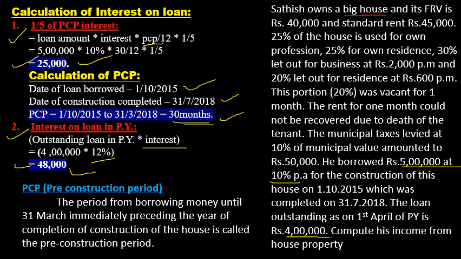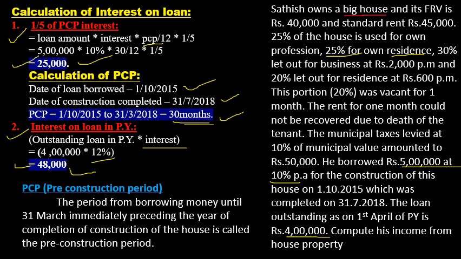While you are calculating any particular part, either 25% or 30% or 20%, you have to take only that much part. Here 1/5 of PCP interest is 25,000. 25,000 into 25% while you are calculating the self-occupied property.